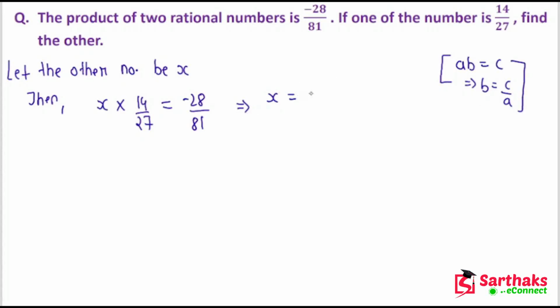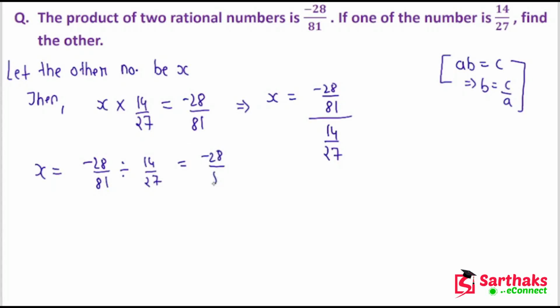So x should be minus 28 upon 81 whole upon 14 upon 27. I already told you how to solve it. This is nothing but minus 28 upon 81 divided by 14 upon 27. Taking the reciprocal, you get 27 upon 14.